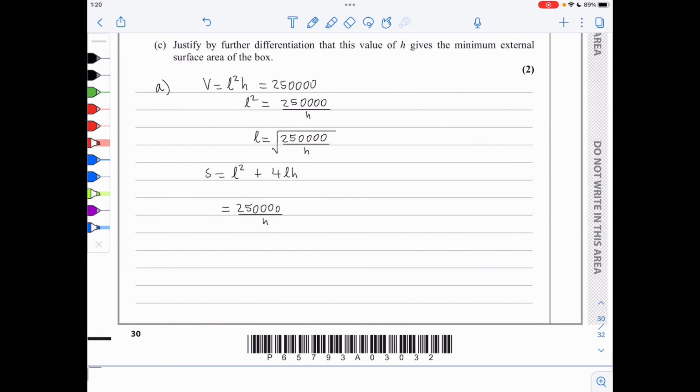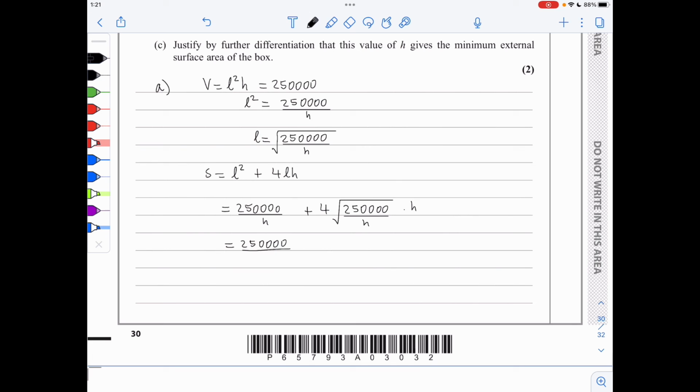This is the answer we got from before, L squared, plus 4 times 250,000 over h square rooted times h.